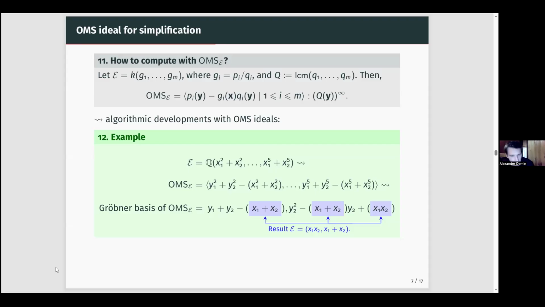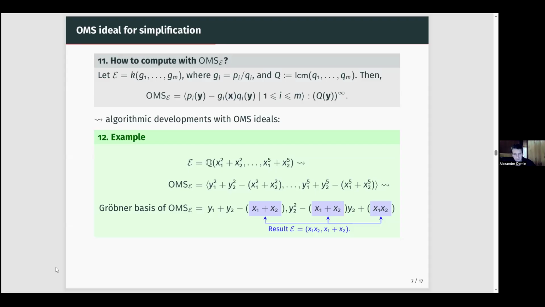So basically, the first statement tells us that the OMS ideal can be generated by these differences between some polynomial evaluated at new variables minus some polynomial evaluated at old variables, or some versions of those.